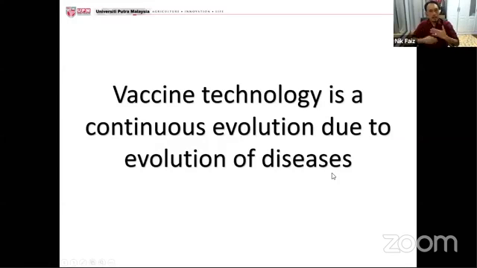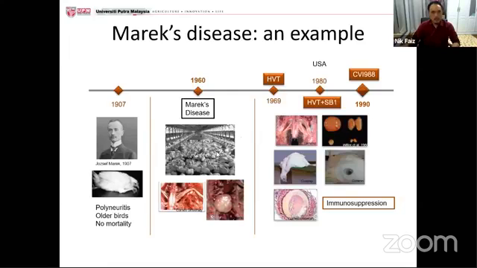From what I've been saying, you may notice that vaccine technology is a continuous evolution due to the evolution of diseases. I will take an example. My expertise, as you may have known before, my PhD was actually on Marek's disease. This is some history of Marek's disease.